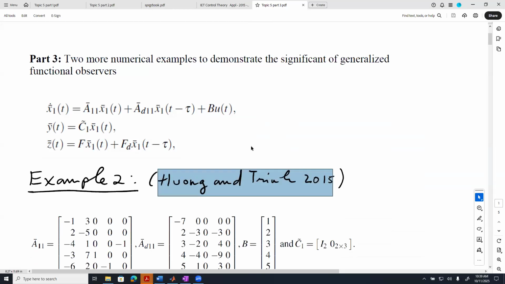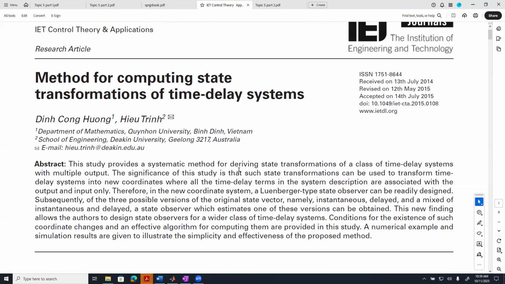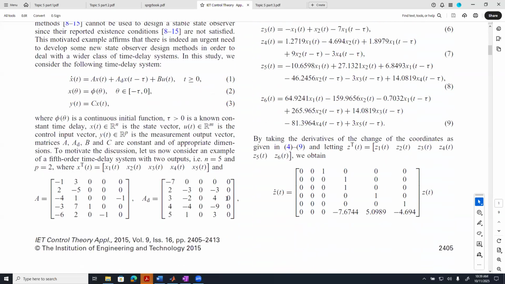Now, in this reference, which is this paper, we demonstrated that a stack observer with estimated instantaneous unmeasurable stack variables does not exist when we consider an observer without internal delay.